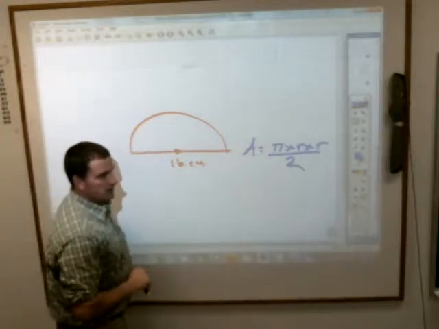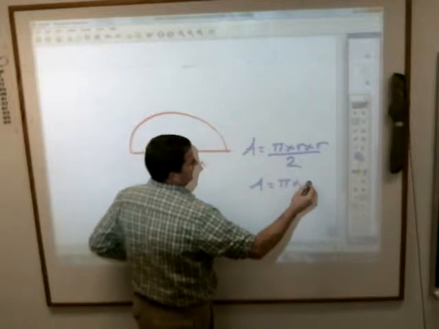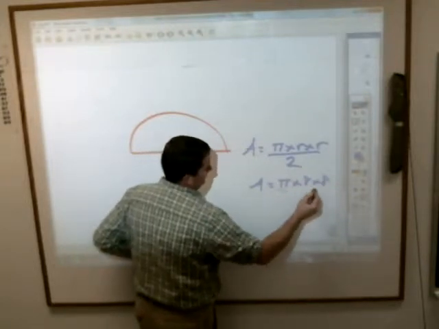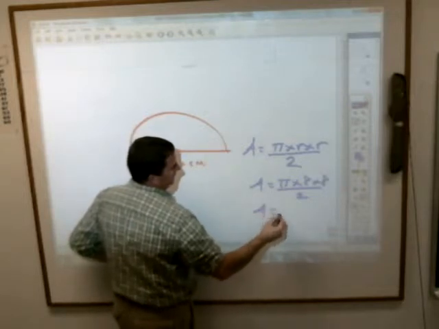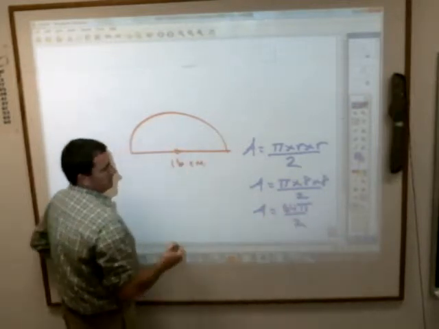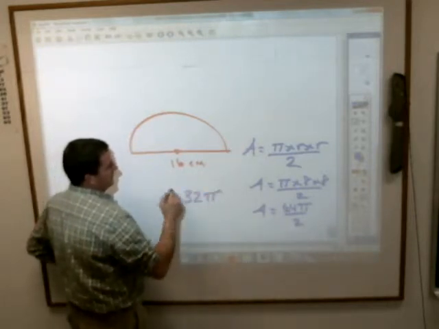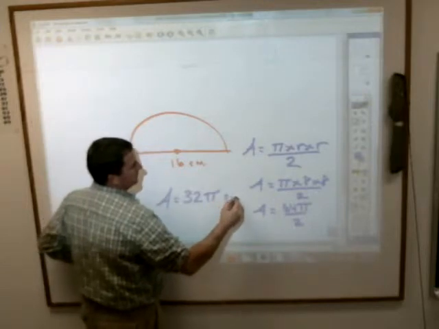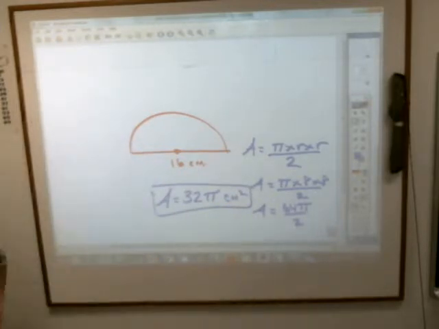And what is the radius there? 8. Thank you. Pi times 8 times 8 divided by 2. What is 8 times 8? 64. 64 pi divided by 2 is 32 pi. And it is area, so we should have put our label as square units there.